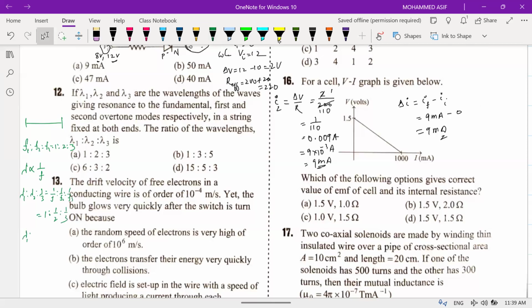So what will be the ratio? Lambda 1 : lambda 2 : lambda 3 will be equal to how much? Option C, because it is a ratio: 1 : 1 by 2 : 1 by 3.